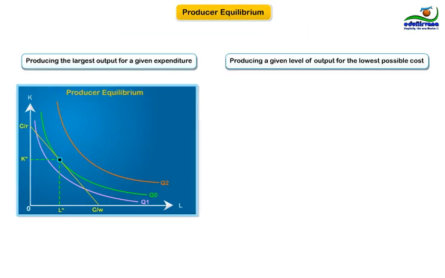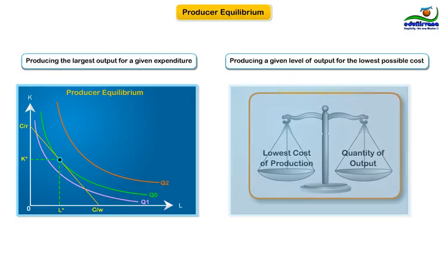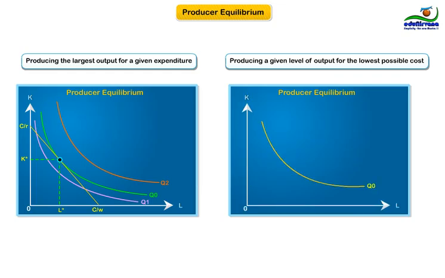Also, please notice that the problem of producing the largest output for a given expenditure is solved in essentially the same way as the problem of producing a given level of output for the lowest possible cost. The only difference is that in the latter case, we begin with a specific isoquant, the one that corresponds to the level of output we are trying to produce.